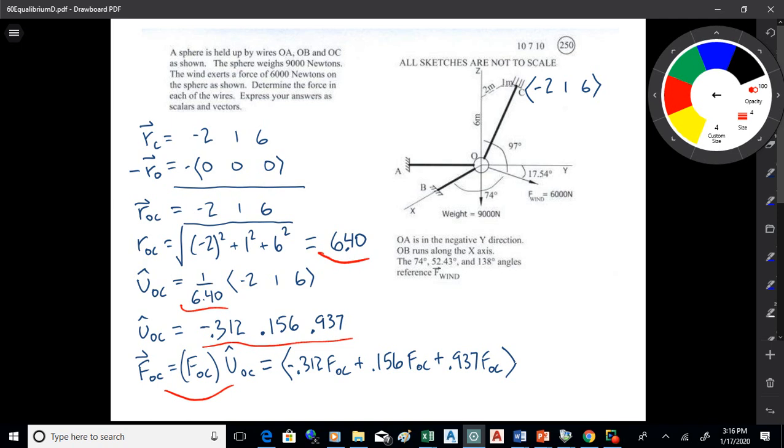All right, so I'm just going to put each one of those into a column, into a rectangular matrix. And then I'll solve the matrix. That's how I'll solve this. See, what I have here is I've got 3 unknowns, OA, OB, and OC. So there's 3 unknowns. I've got 3 directions, so this is solvable, all right? So I'll go ahead and do that.